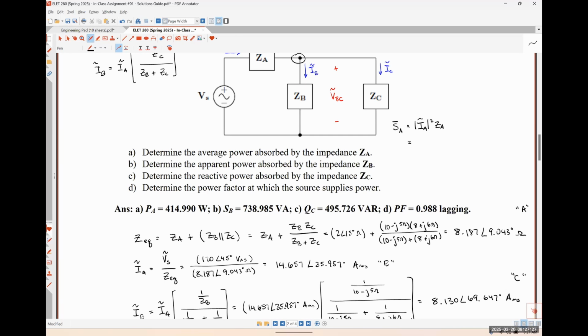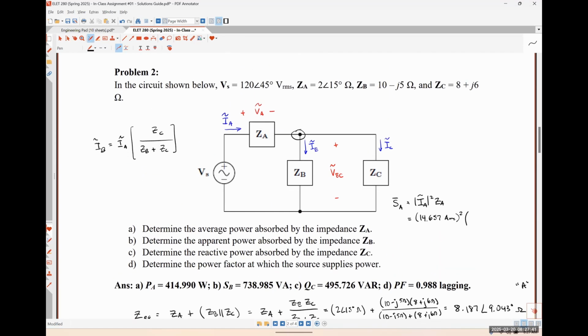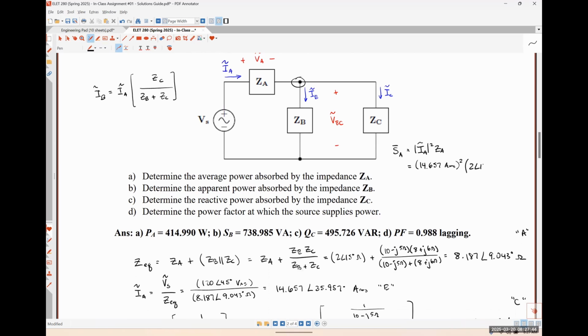14.657 amps. Absolutely right. So it's not the phase angle part of IA, it's the other part. So 14.657 amps squared, and then our impedance ZA was 2 angle 15 ohms. So I'd like for you guys to throw this into your calculator and tell me what you get.